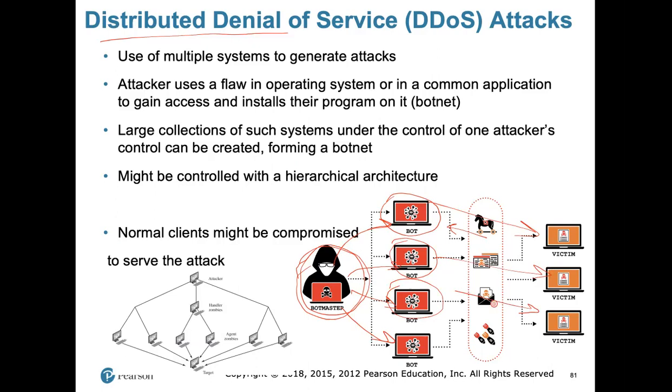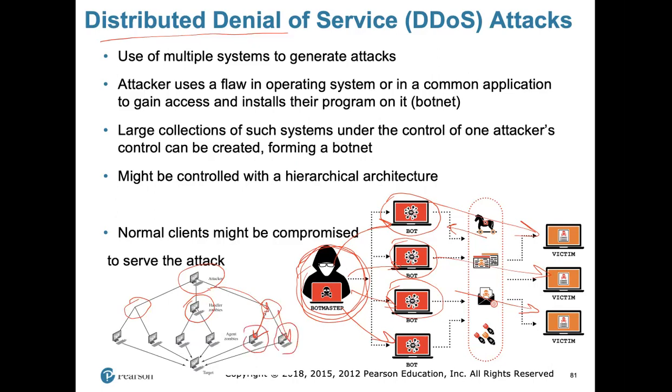Of course, there might be a simple architecture like this, where the bot master controls the bots, or it might be even more complicated. This is the attacker or the bot master. The attacker communicates with some first level computers, which are here. And each of these first level bot masters communicates with multiple compromised computers that have bots on them.